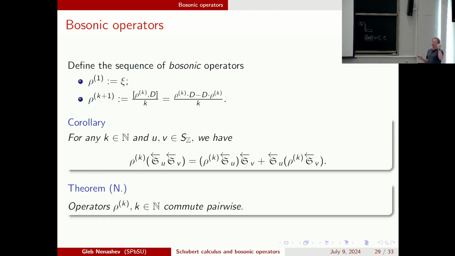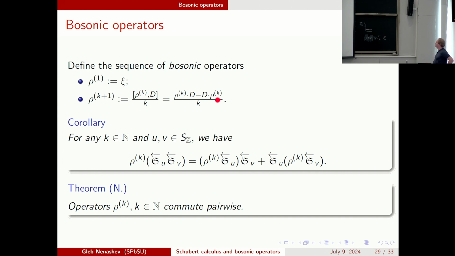If we multiply by Si and Sj on the left, if the difference of indexes i and j is at least 2, then they commute. So it's a very natural way to consider the commutator of these operators. And it's what we did. Rho 1 is C and rho k plus 1 is the commutator of rho k and d, divided by k.